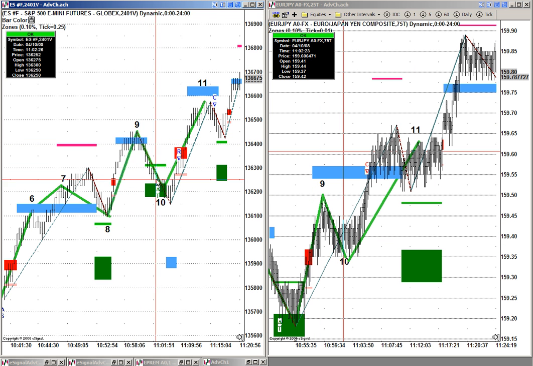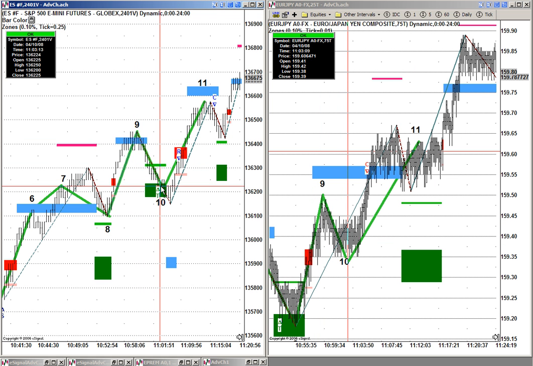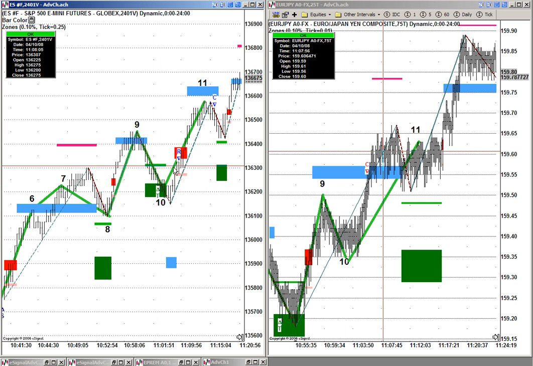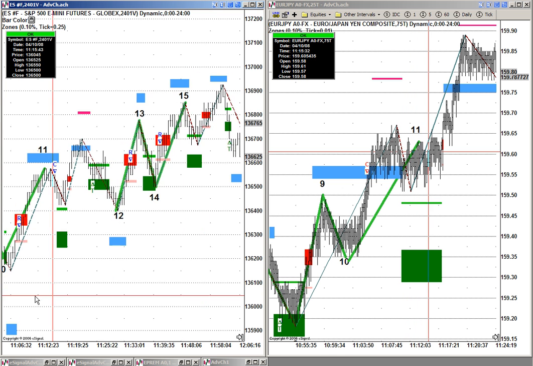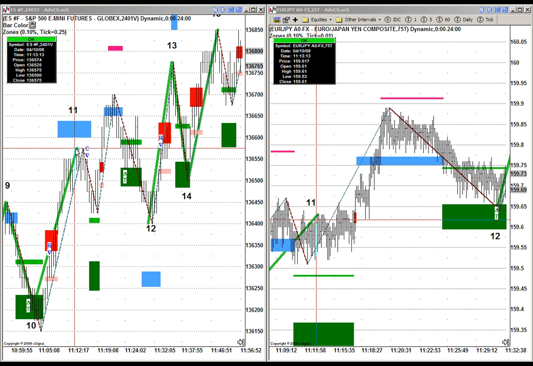From 0.9 to 10, we see a pullback, which is typical profit taking, and the trend trade then resumes. The ES finds resistance. I want to make one very interesting comment about what happens at point 11.